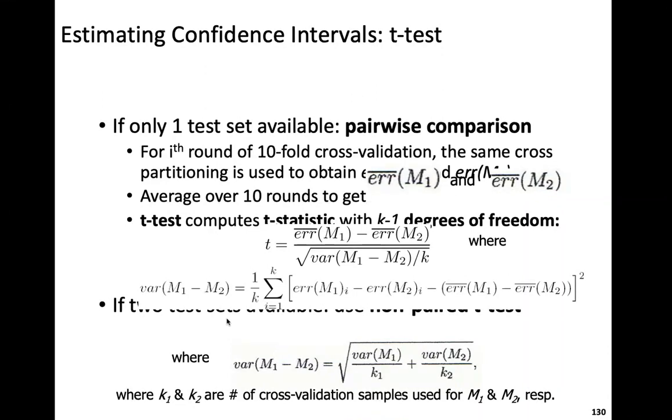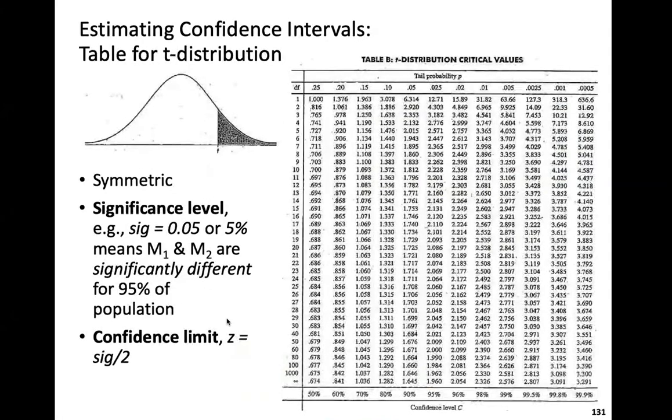If the variance of the differences is larger, then the errors will be diluted and the t value gets reduced. This is a well-known statistical test, and you can see the t distribution, like a normal distribution kind of thing, with a table. You can calculate that and see what the confidence value is.